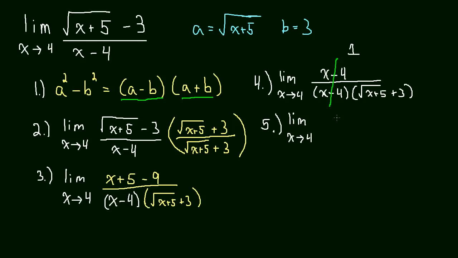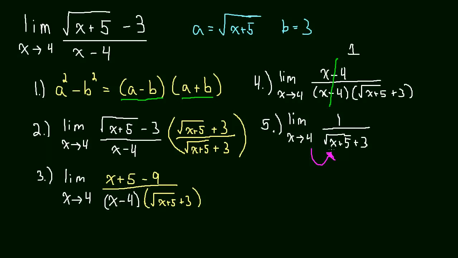Okay, so we're left with the limit as x approaches 4 of 1 over the square root of x plus 5 plus 3. And now we're finally ready to substitute. And the reason we can substitute now is because we're left with an x plus 3, not an x minus 3 like we started with.